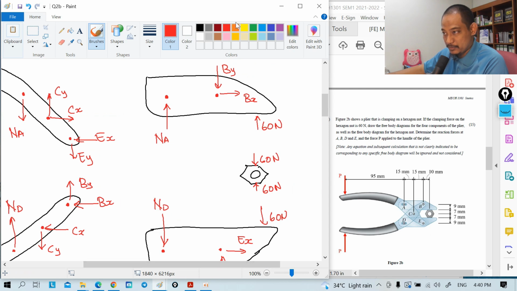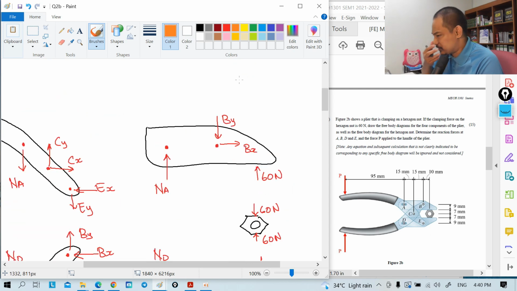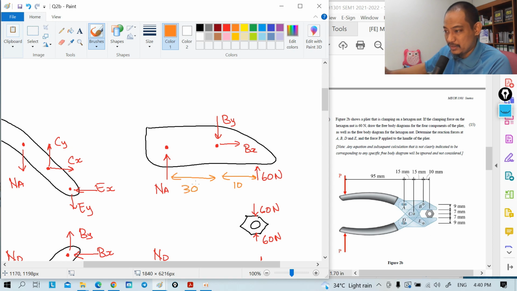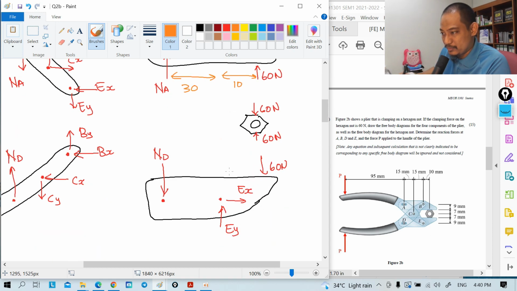Okay, the rest is dimension. So in this case, let us see. From hexagon to B is 10 millimeter, so this is 10 millimeter. And from B to A is 30, so this is 30, right? It's exactly the same down here, right? This is 10, this is 30.